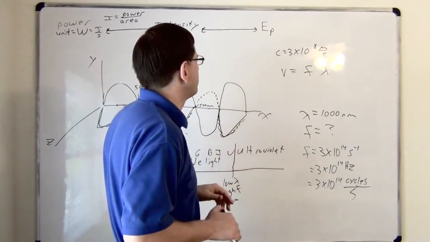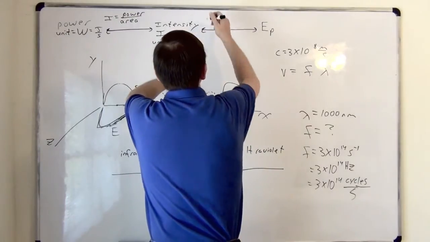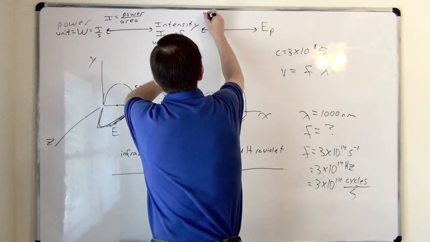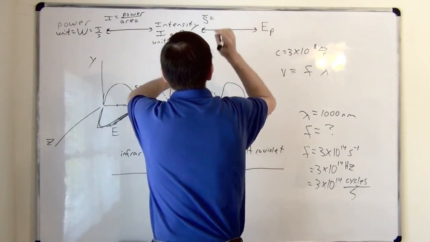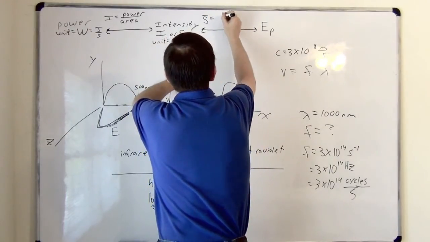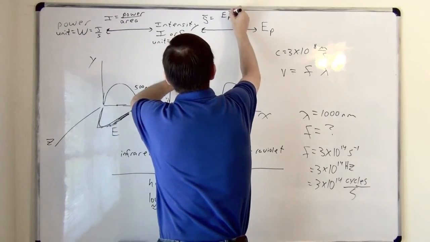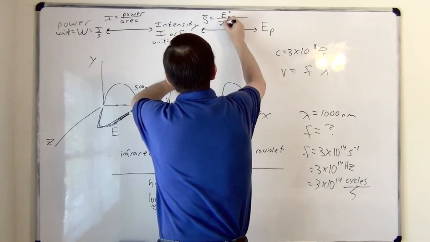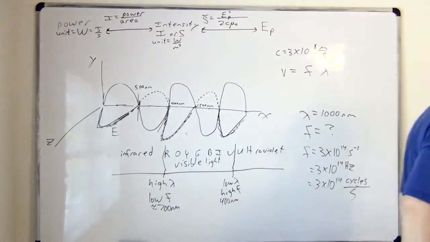I think that's a formula from the video, but there's no reason to have that memorized. Let's just write it down. So let's see if I have it memorized. Okay, that's the formula.